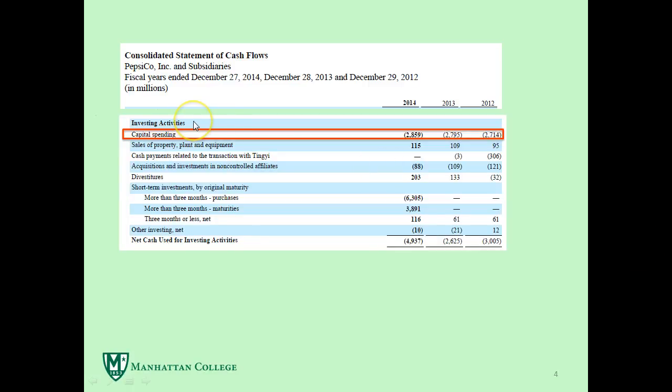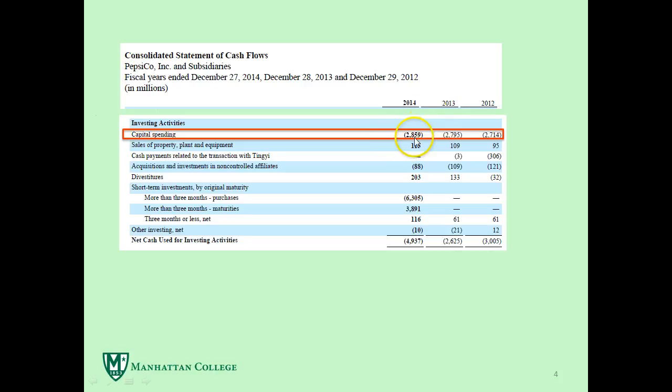The investing activities section of the statement of cash flows has to do with the purchase of long-term assets that stay in the business, like property, plant, and equipment, and intangible assets, as well as purchasing non-operating assets like investments. Capital spending means purchases of property, plant, and equipment. The reason why the number for it is negative is because this represents a cash outflow.